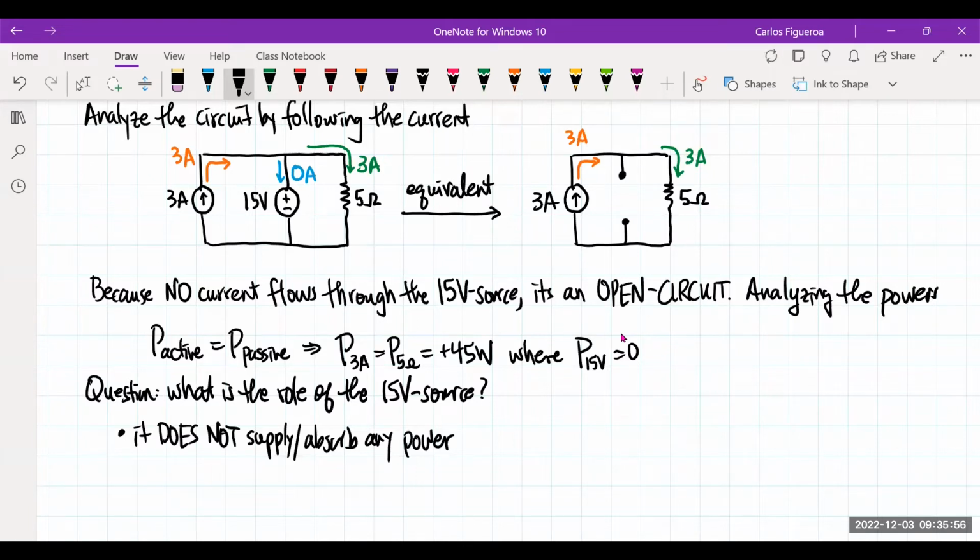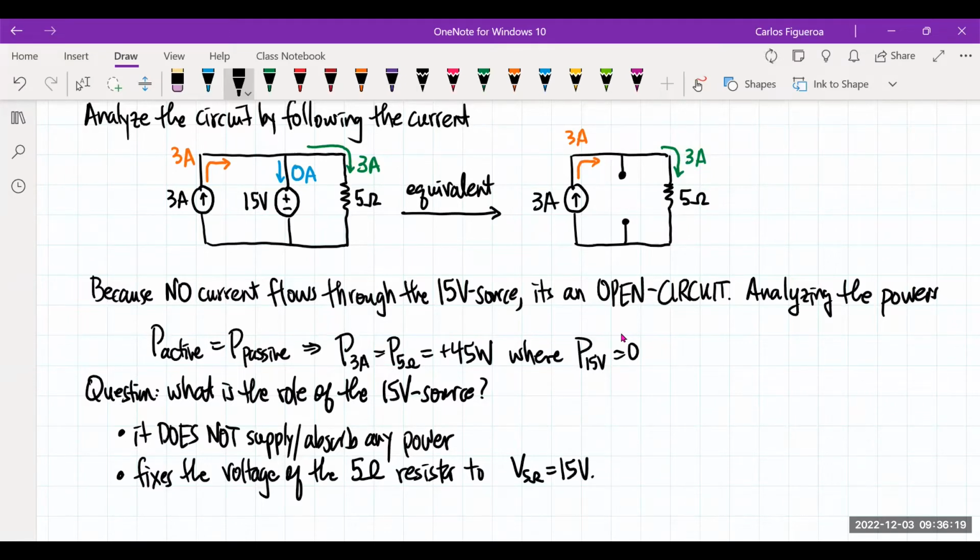The only thing that it does here is fix the voltage of the 5 ohm resistor. So the voltage of the 5 ohm resistor is now fixed by that, and that's what it does. It fixes that resistor, but it does nothing else other than that.